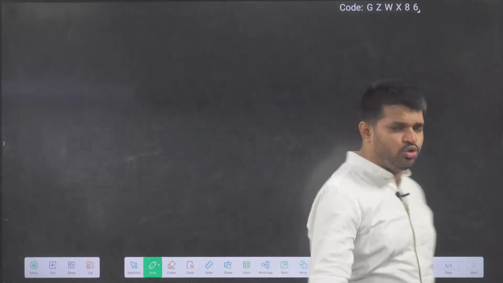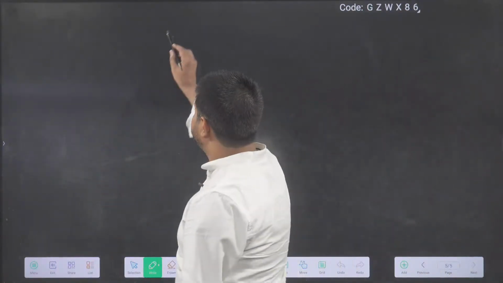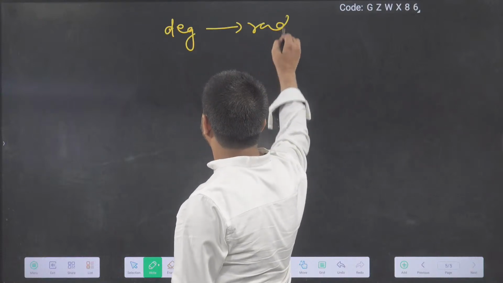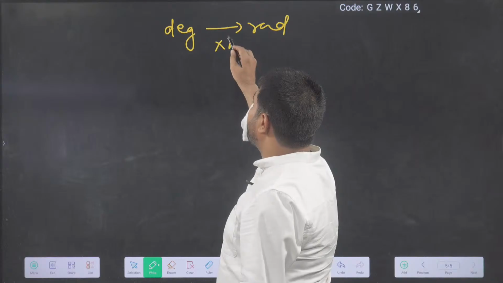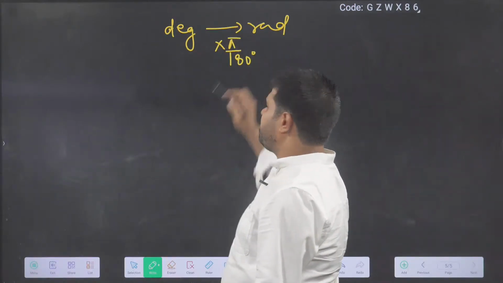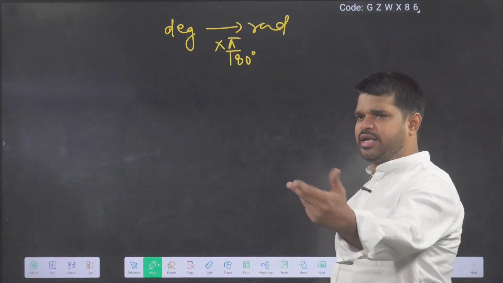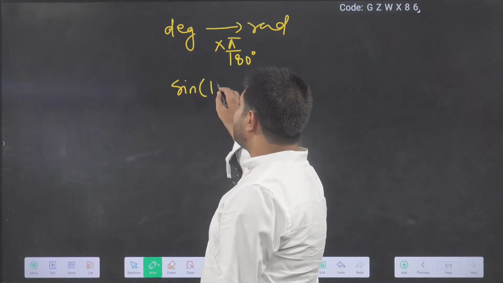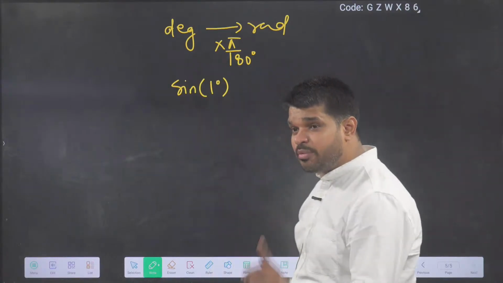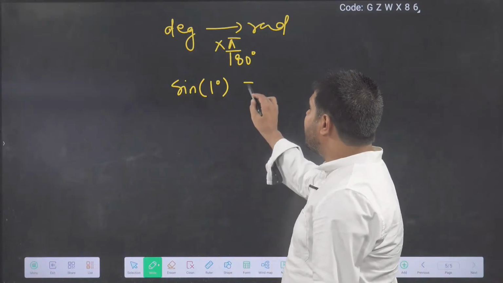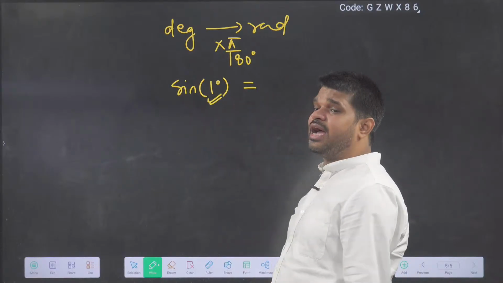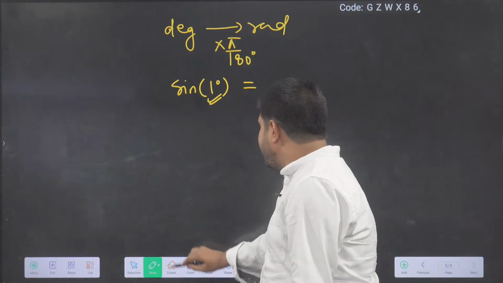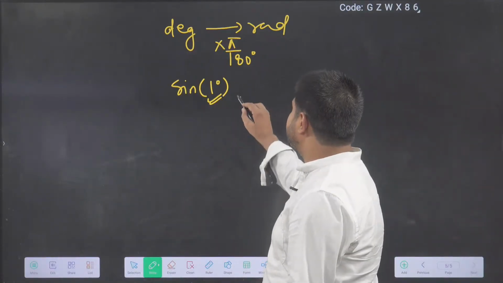Let's continue. First of all, you have to tell me how to convert degree into radian. Multiply with pi by 180. Now I need sine 1 degree. Remember, sine 1 degree is equal to this angle expressed in radian.